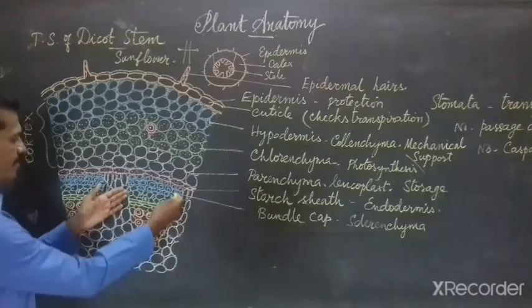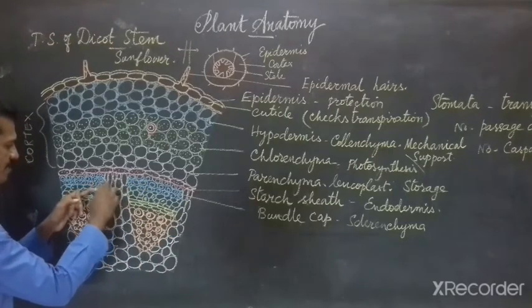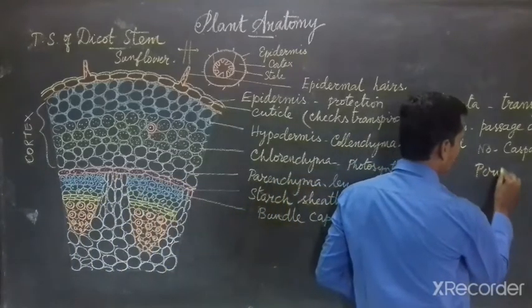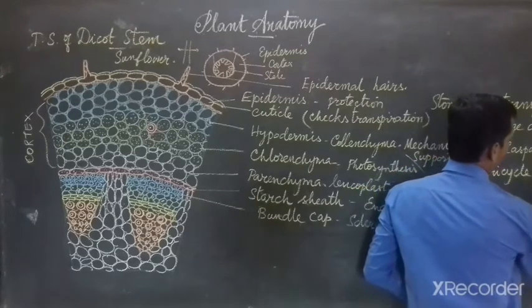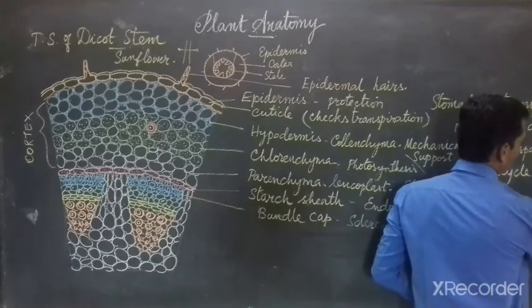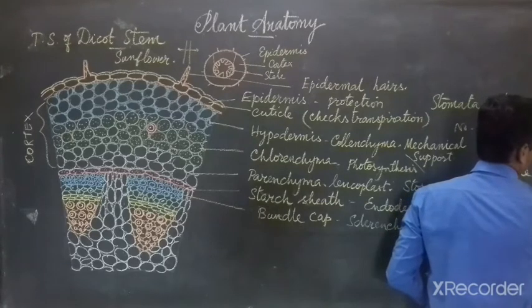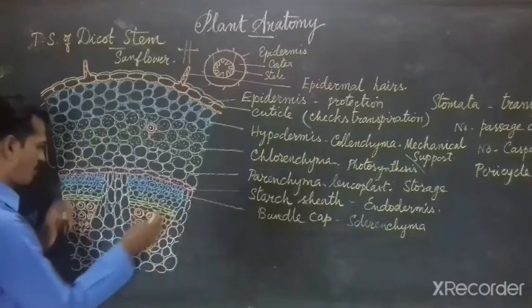Here, the bundle cap and the sclerenchyma patches between the parenchyma cells form the pericycle. Is it clear? These regions occupy the stele.